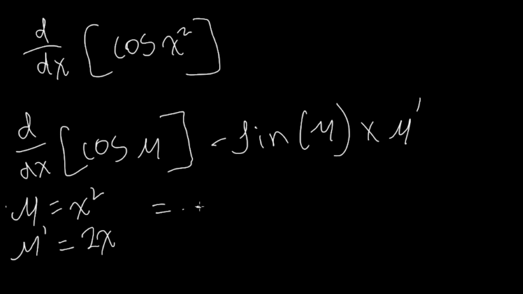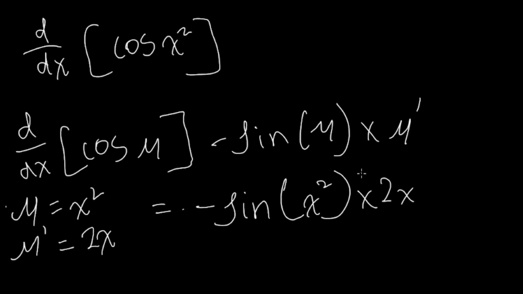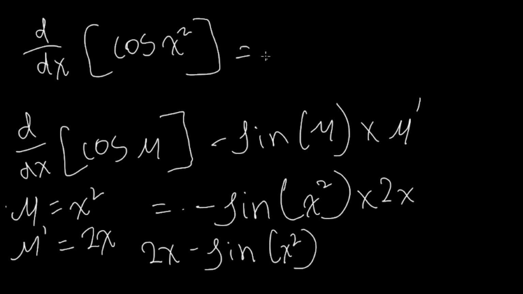So we plug into the formula, we get negative sine of x squared times u prime, that's 2x. We can consider bringing this to the other side, and our final answer shall be 2x times the negative sine of x squared. That is our final answer.